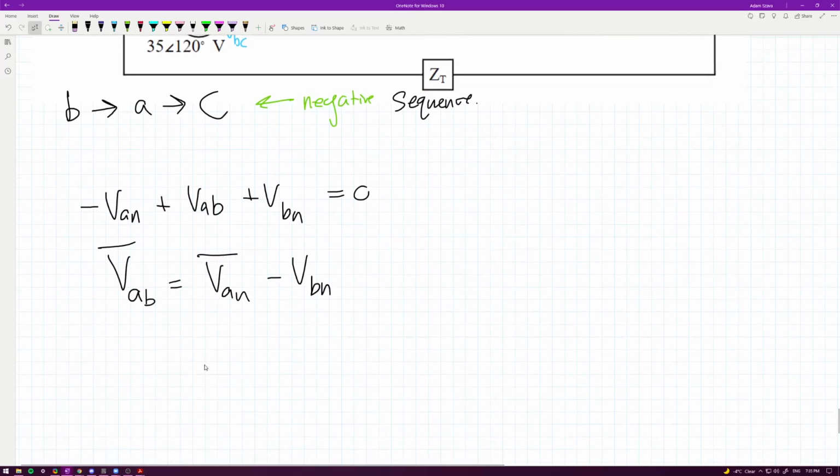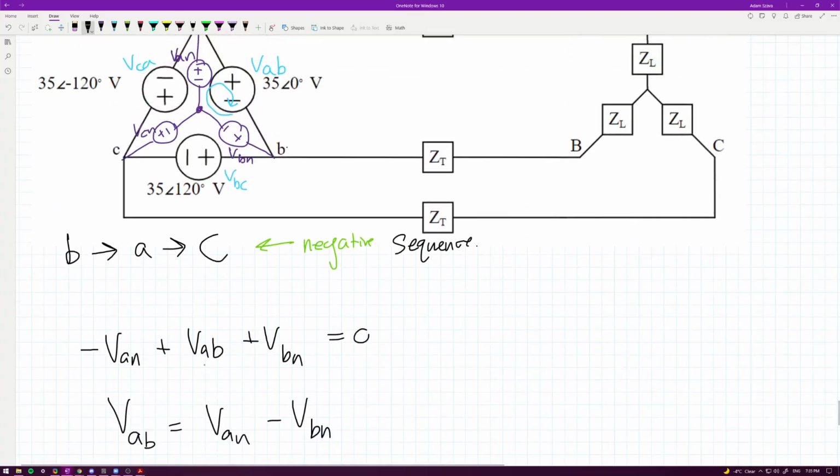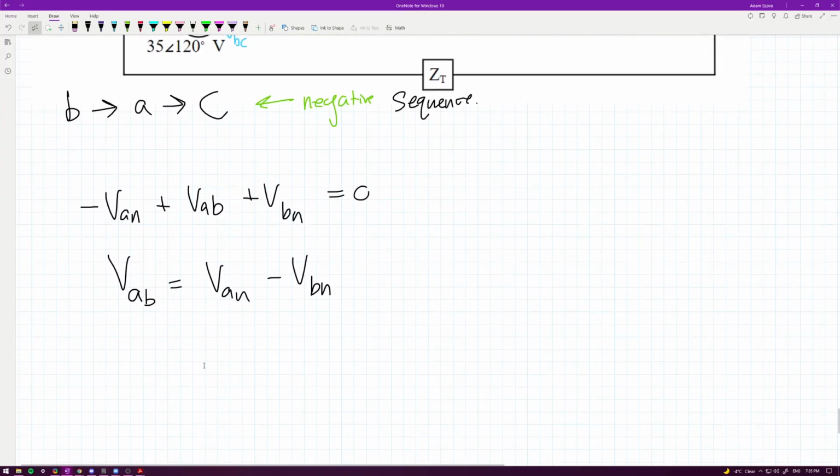These are all phasors, by the way. I'm not going to write the line for every single one because it's going to get messy, but they're all phasors. Now, VAB equals VAN minus, and I can replace VBN with something. Since this is a negative sequence, VBN equals VAN shifted ahead by 120 degrees.